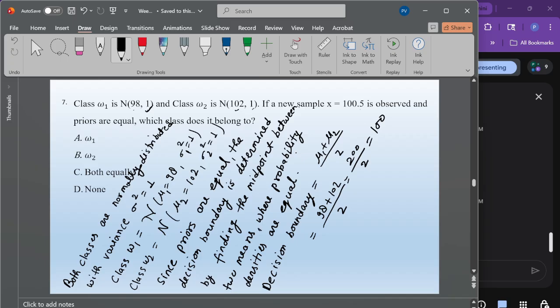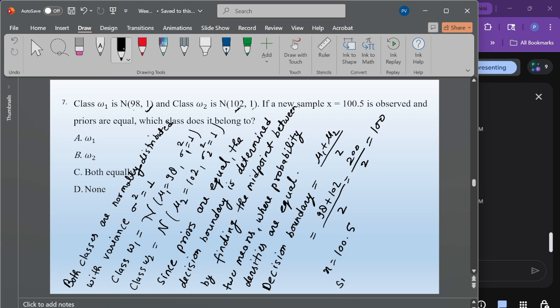Here the new sample point x is given as 100.5. If x is greater than 100, it is closer to the mean 102, right?